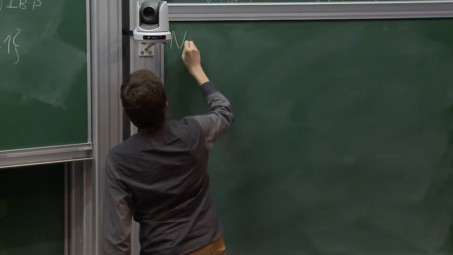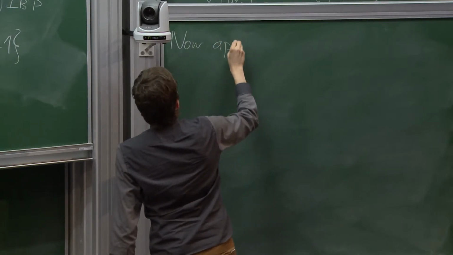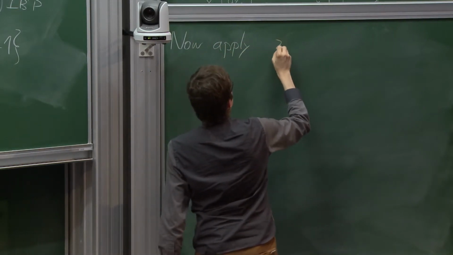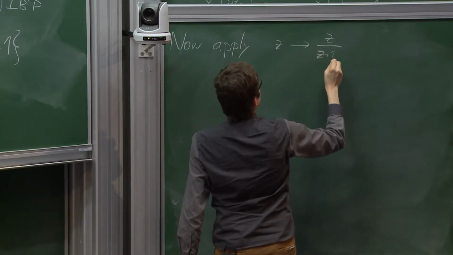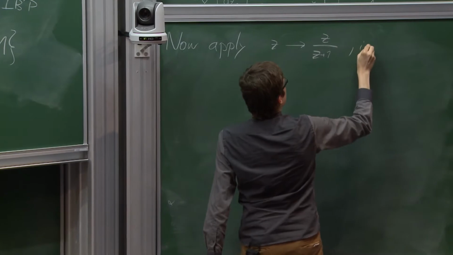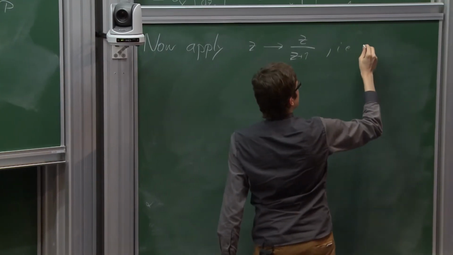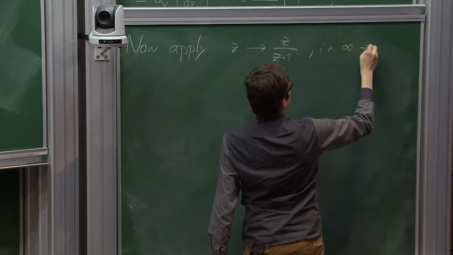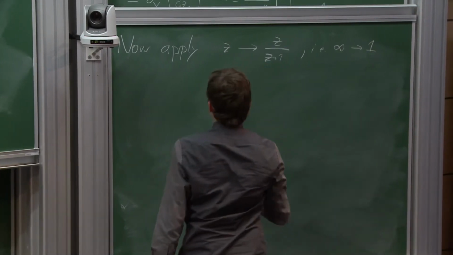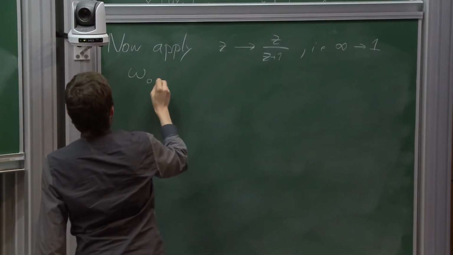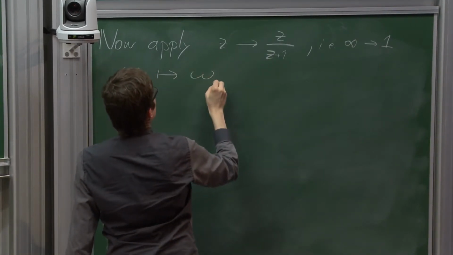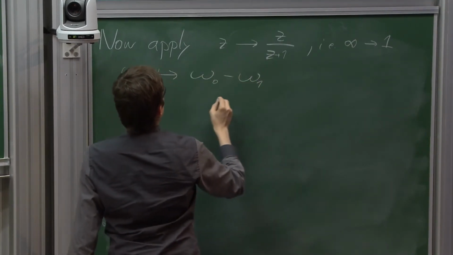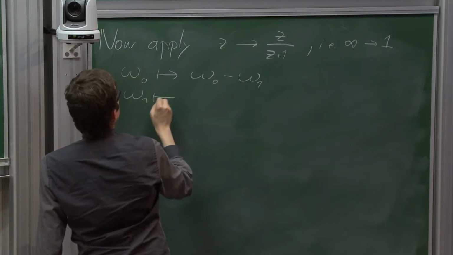So we can apply the Möbius transformation, which sends z to z over z plus 1, which means that the upper boundary of infinity is now mapped to 1, 0 stays 0, and you can compute the pullback of the differential forms under this Möbius transformation, which is a simple exercise.